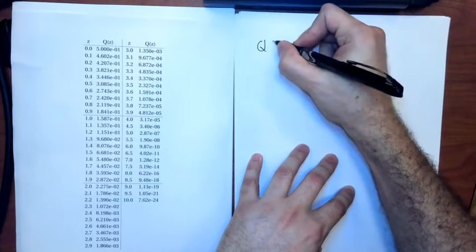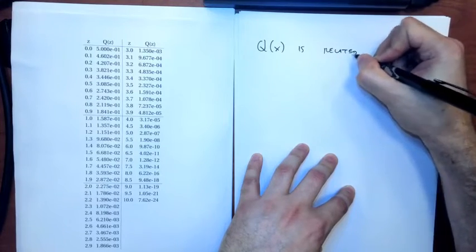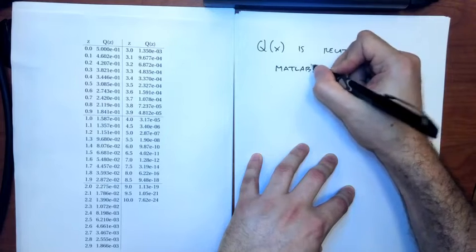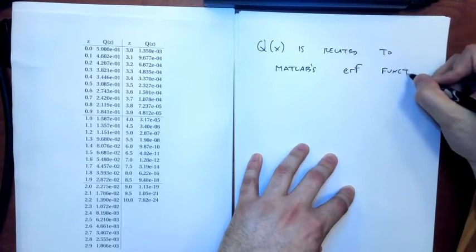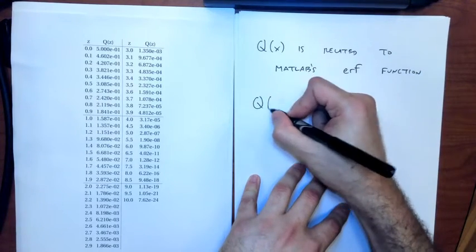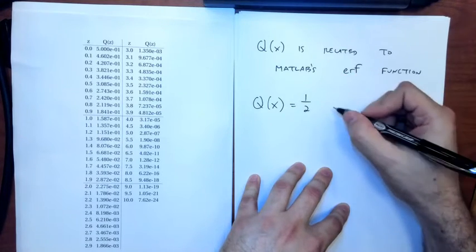This Q value is related to what in MATLAB is called the ERF, or error function. But it's not exactly the same, so you've got to be careful. For future reference, they're related in this way.